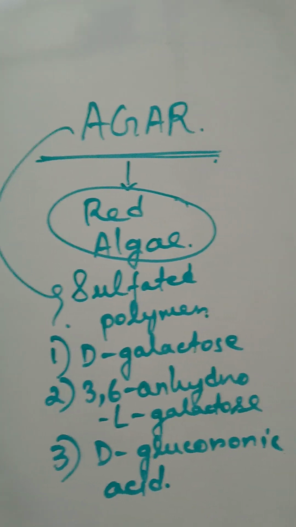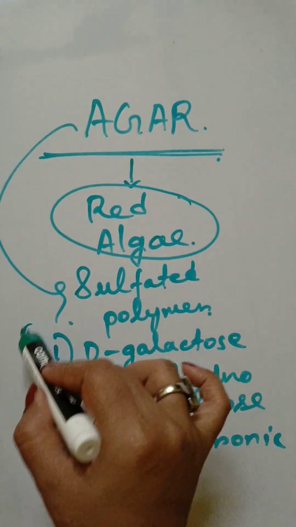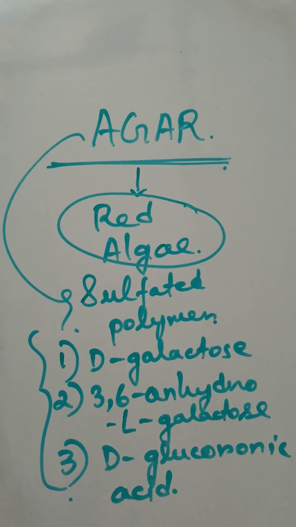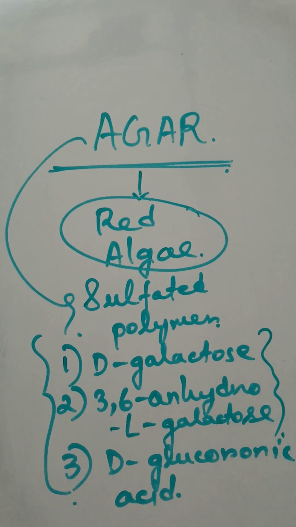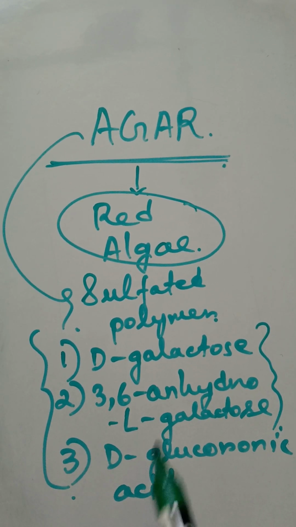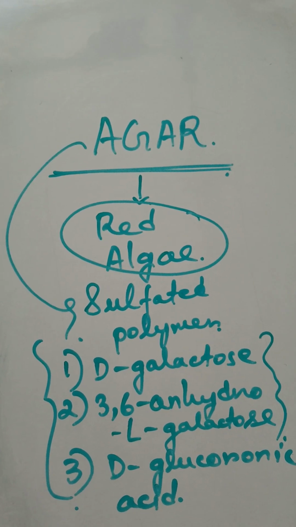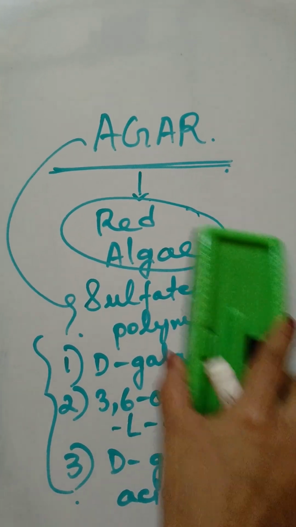So these three sugars are present. This is basically a glucuronic acid. These two are the major sugar constituents which make the polymer, and this is basically a sulfated polymer. So this is the chemical nature of the agar.